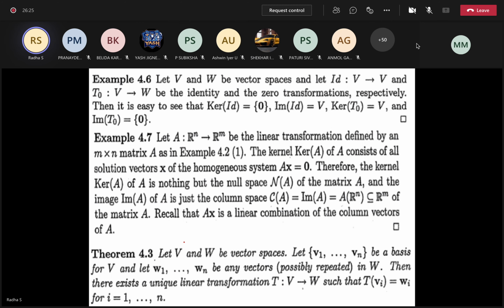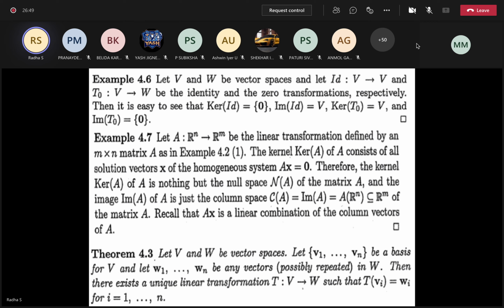Now see, theorem 4.3. There are two vector spaces, V and W. V has a basis V1, V2, etc., Vn, right? For W, they are not specifically saying it has a basis; W1 to Wn are simply some vectors, even if they may be repeated.